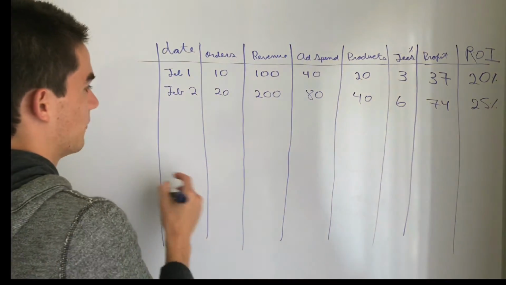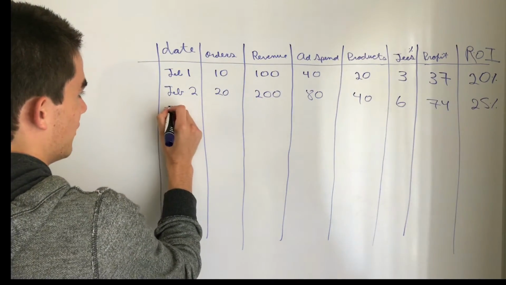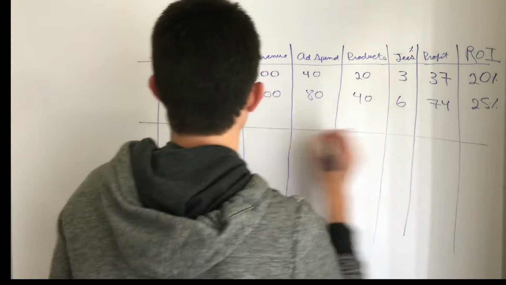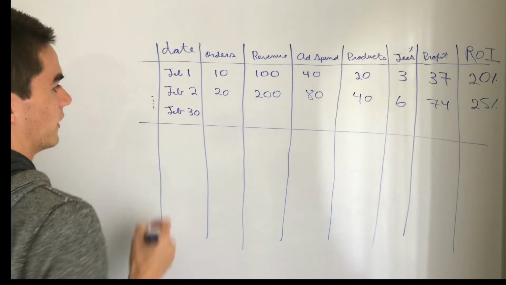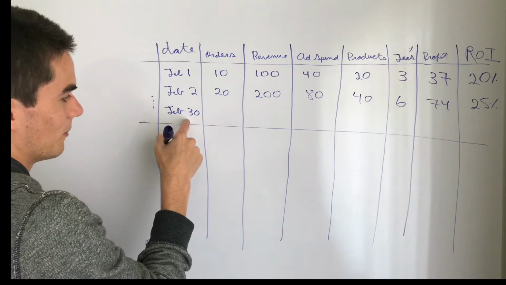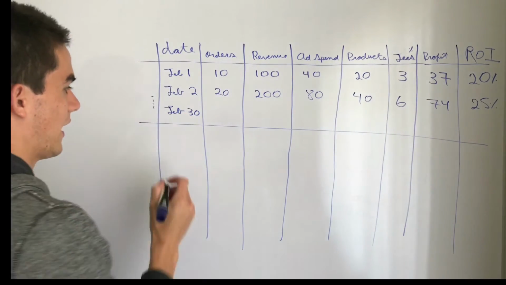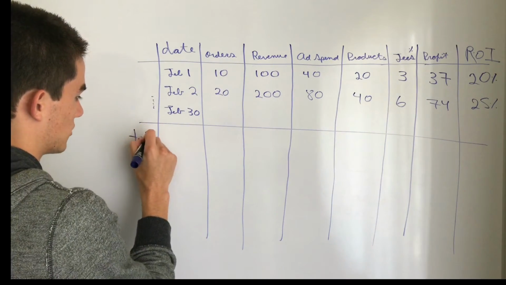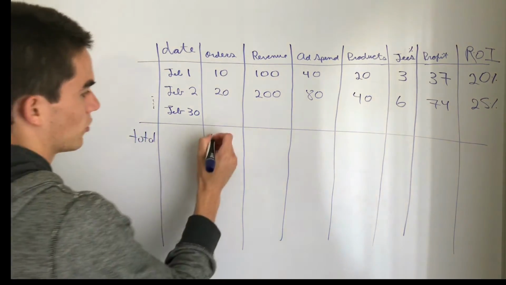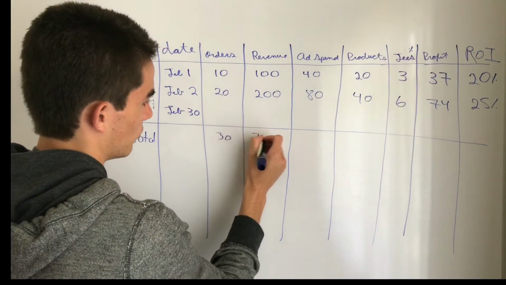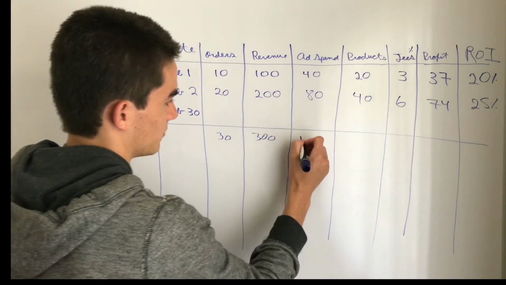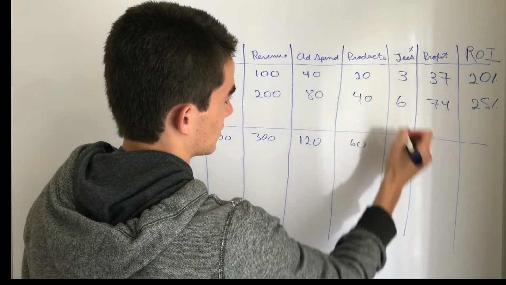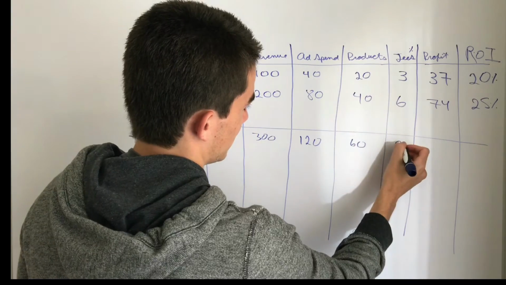So in the end, let's say that we reached already the 3rd, I'm just gonna put 3. Let's say we reached this date, and in here, this column is gonna be the total. It's gonna be the total number of orders, the total revenue, the total ad spend, the total spent in products, the total spent in fees.